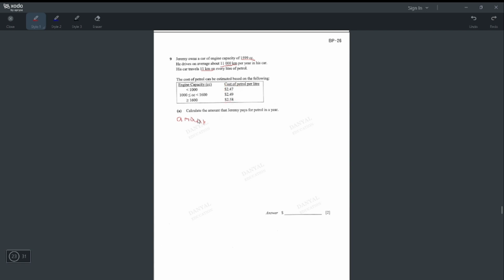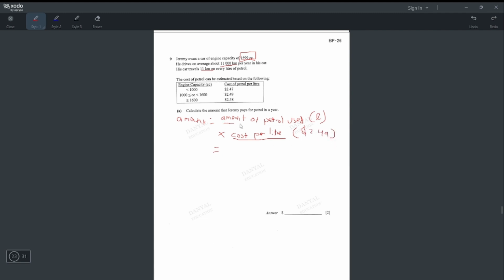To calculate the amount, we need to find out the amount of petrol used in liters, multiplied by the cost per liter. We actually know this because the engine capacity is 1,599 cc, which categorizes it over here. So I actually know this as $2.49.